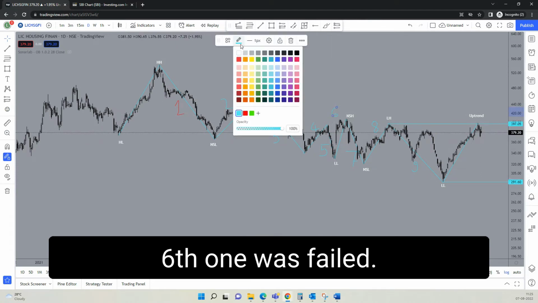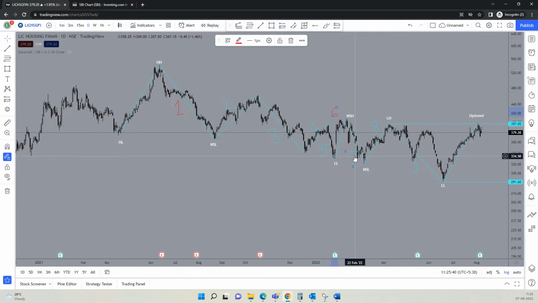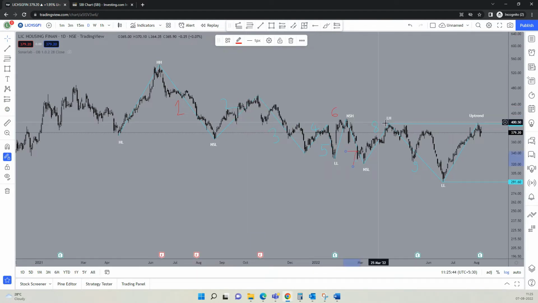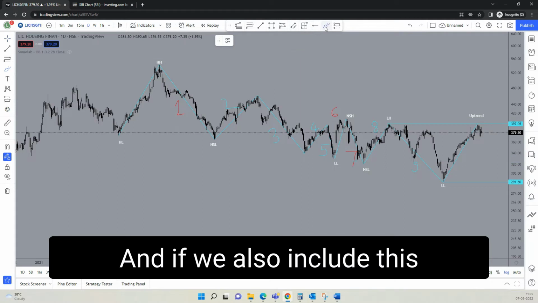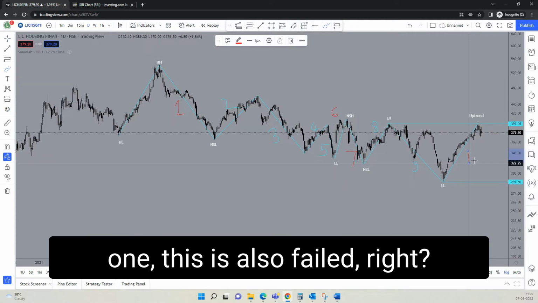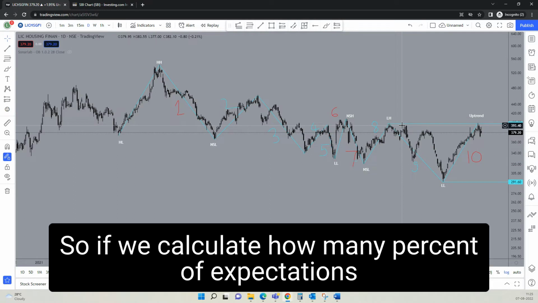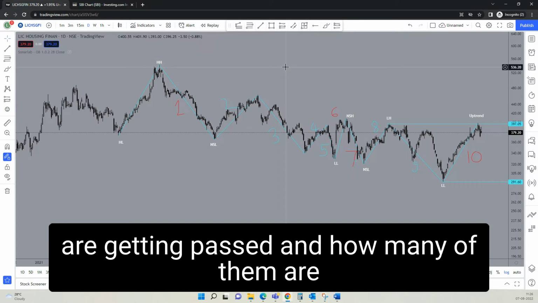Sixth one was failed. Seventh one was failed. And if we also include this one, this is also failed, right? This is also failed.